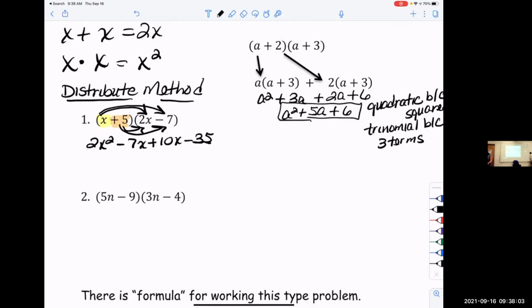All right, and then we've got like terms in the middle, so I'm just going to go ahead and combine those using my integer rules, and I get a quadratic trinomial.